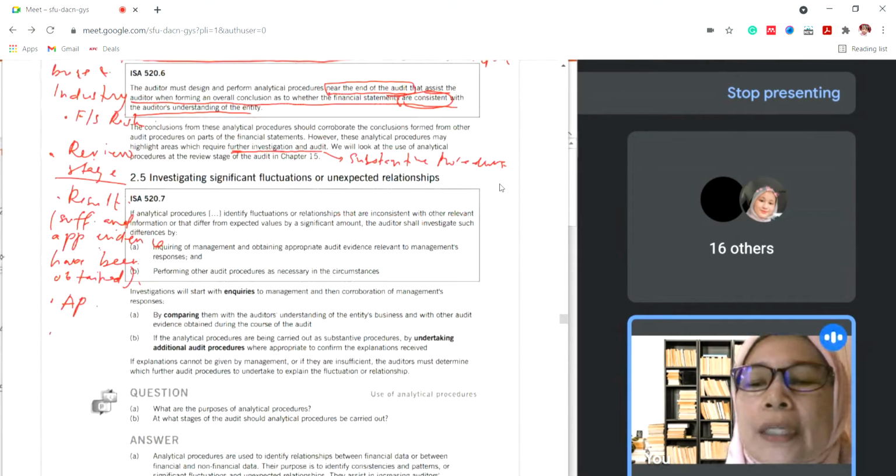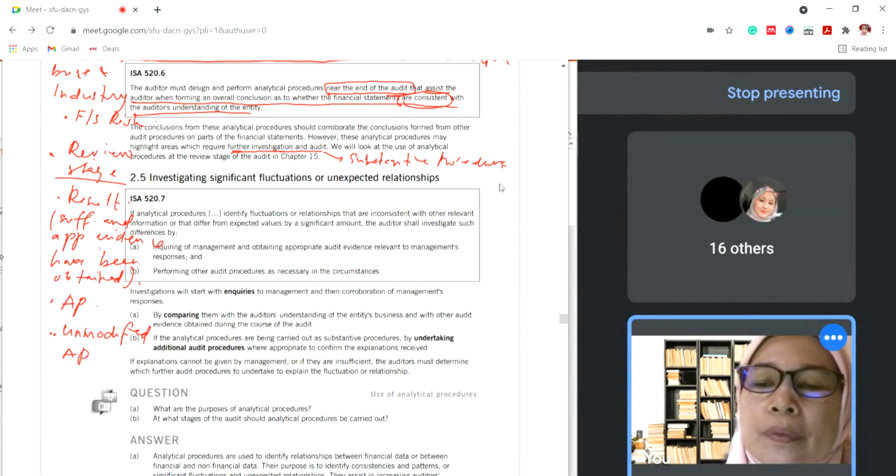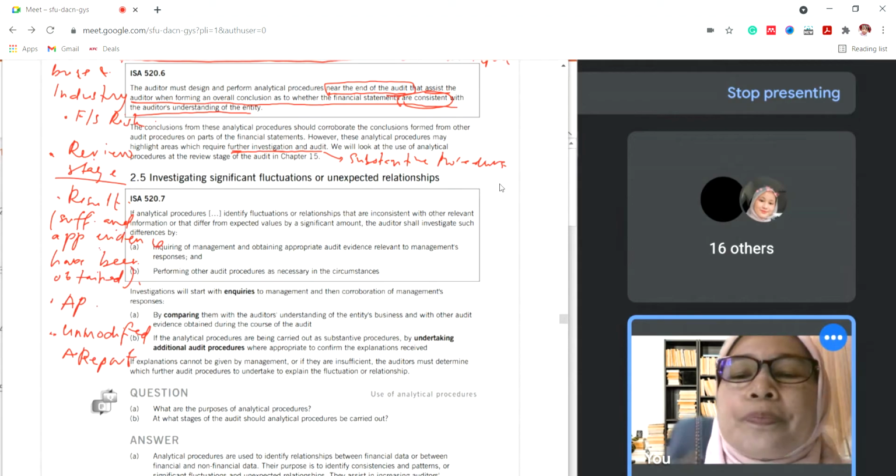So at the end, you issue the unmodified audit report.